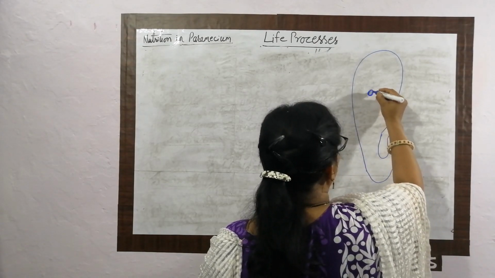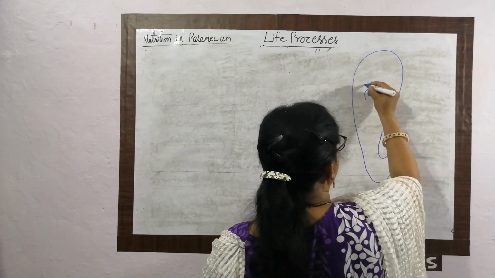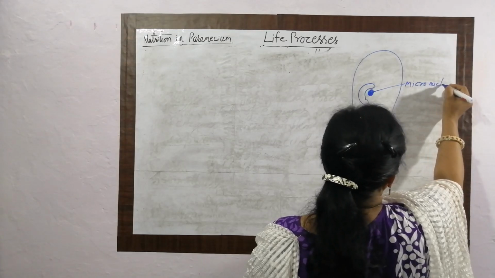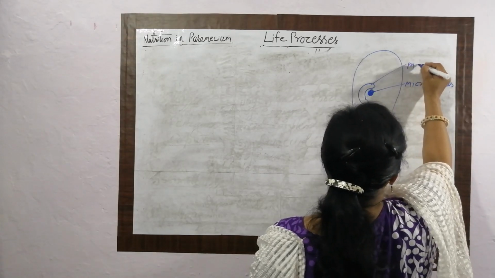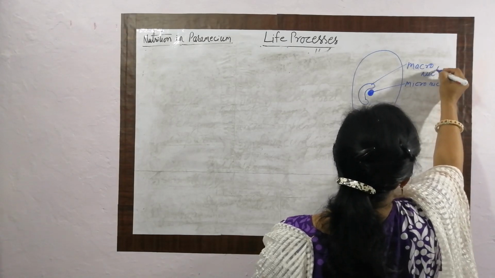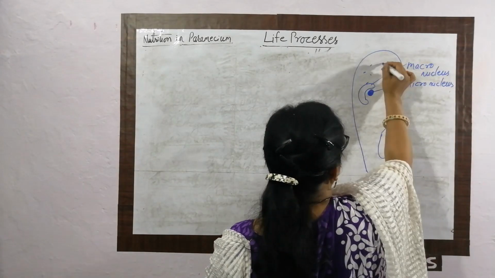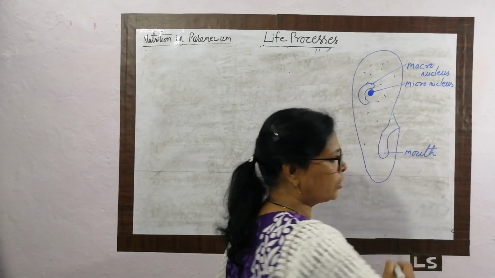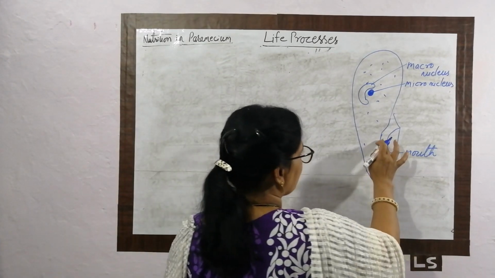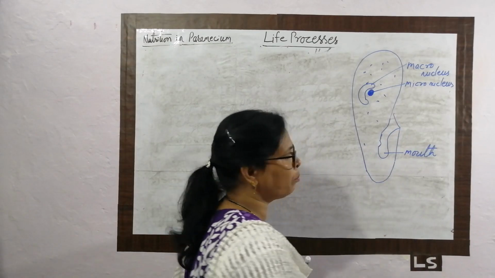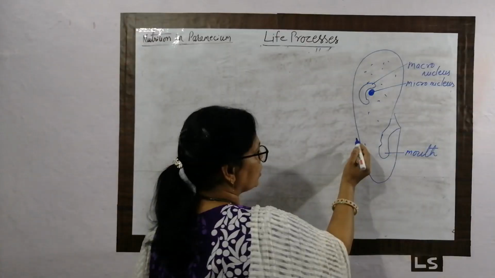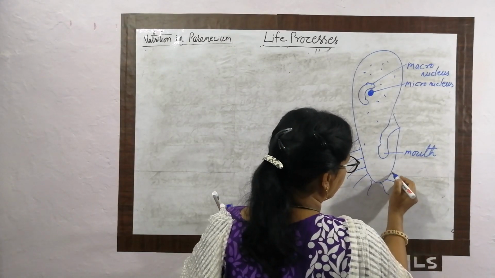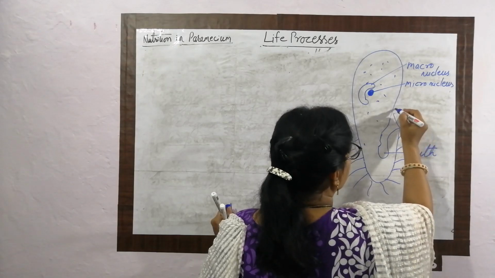Okay, two types of nucleus are present in Paramecium. One is called the micronucleus and the other is called the macronucleus. Similarly, the cytoplasm is present here. This is the mouth. That is the special feature which is present in Paramecium. And the second important thing, the whole body of Paramecium is covered by hair-like projections that are called cilia.